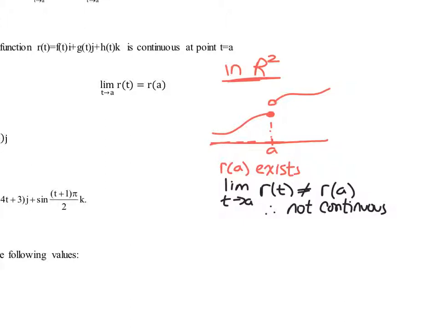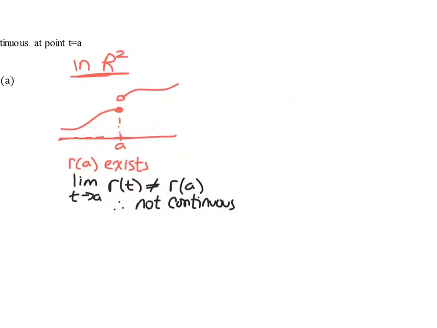All right. Now, if you're dealing with something, for example, also piecewise, maybe there's an open circle there. This would be a case where the limit as t approaches a of r of t exists.